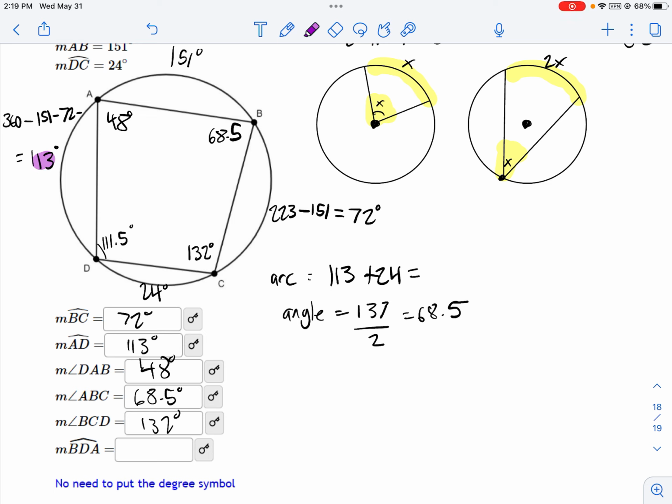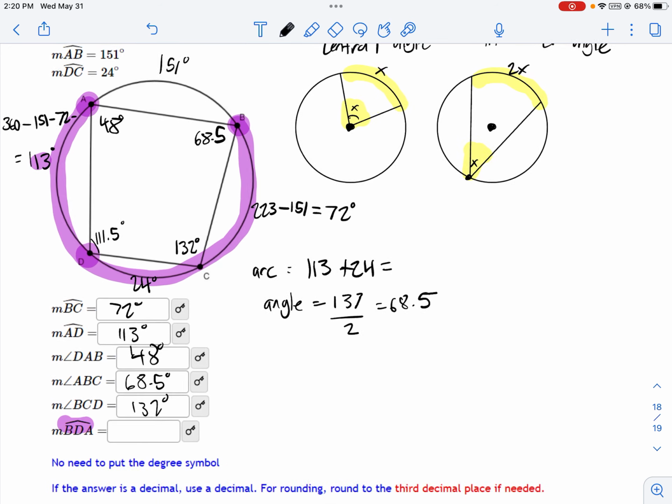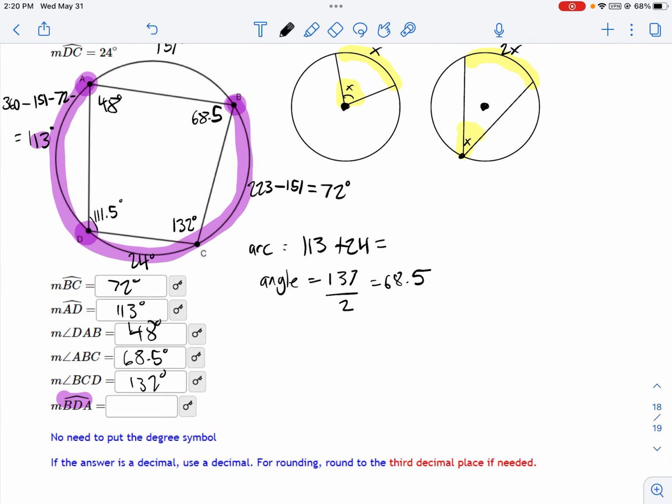And then we keep going with BDA. So BDA, and notice that this notation is an arc, not an angle. So we start at B, we go to D, and then we end at A. Have to go in that order. So B, D, A, that direction, you'll notice is the major arc. So all we do from there is we say, okay, well, we could add the first portion of that arc together, the 72, to the 24 to the 113.